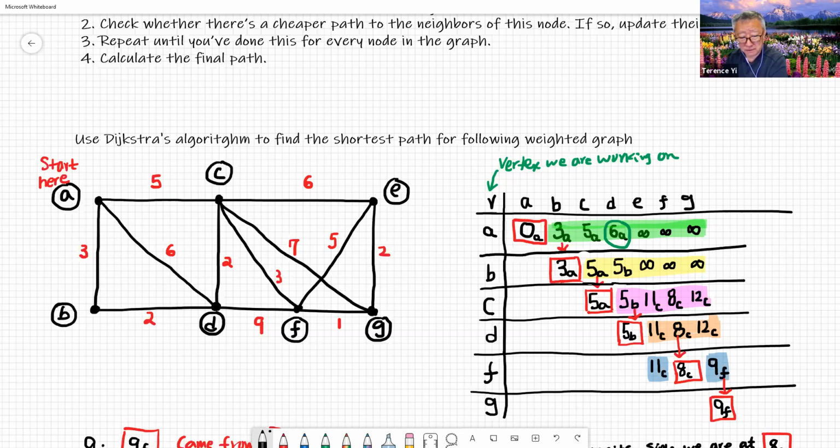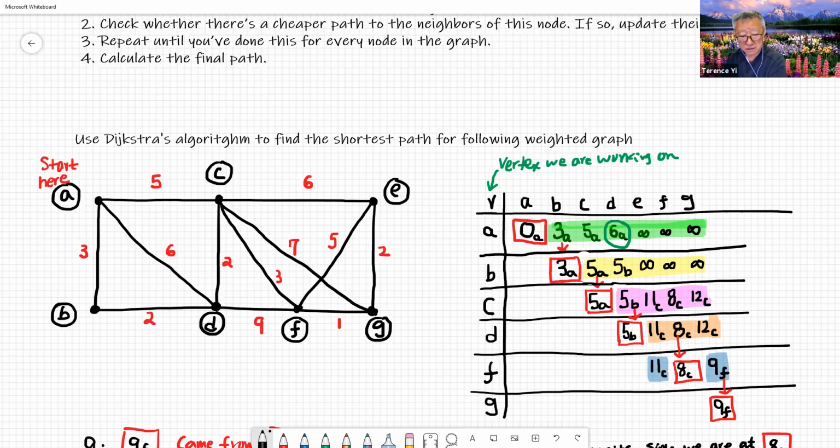We can try something like A, B, D, F, G, then go to E. But that's going to be a lot more than 11. We can try A, D, C, F, G, E, but that's going to take about 15 units, so that doesn't make any sense.